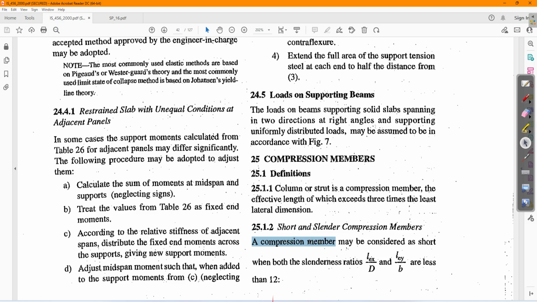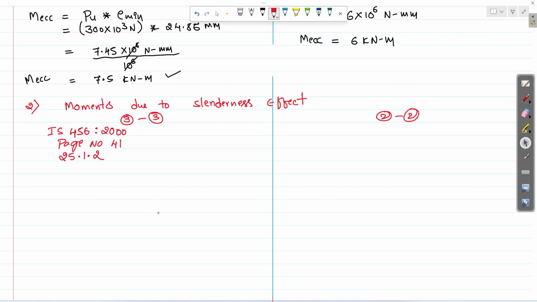A compression member may be considered as short when both the slenderness ratios Lex divided by D and Ley divided by b are less than 12. Okay. So what is the formula?